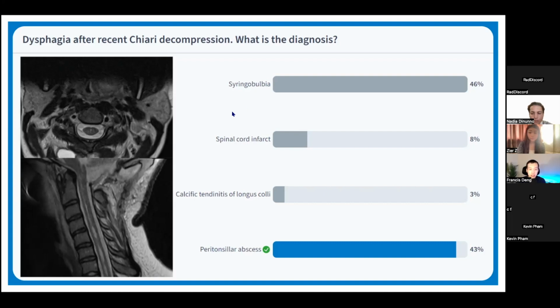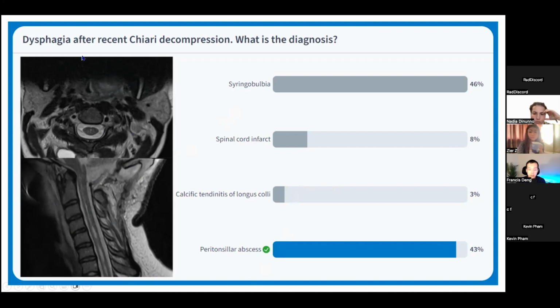This patient actually did not have syringobulbia, but what was apparent on the cervical spine MRI is that, number one, there was prevertebral soft tissue thickening, which is not an expected postoperative finding from Chiari decompression, which is all the way back here. And in addition, on this axial T2 weighted image, you get the sense that there is something mass-like in the left tonsil or peritonsillar tissue, and this represented a peritonsillar abscess.